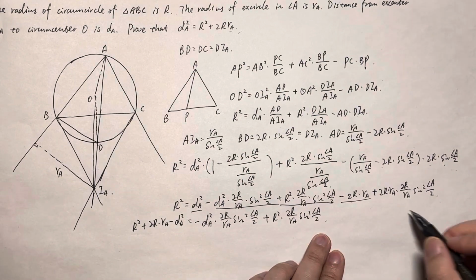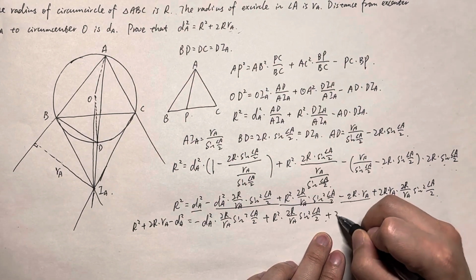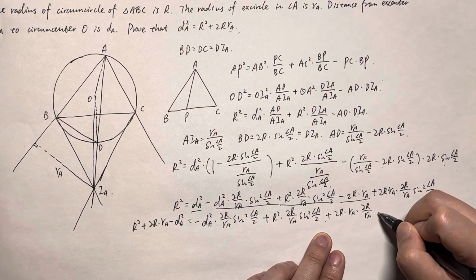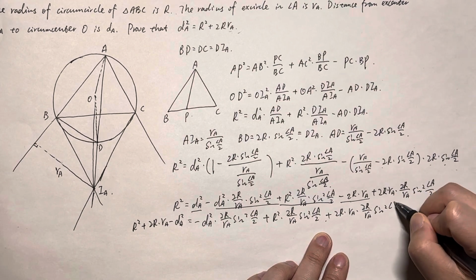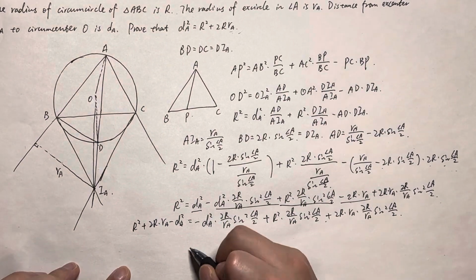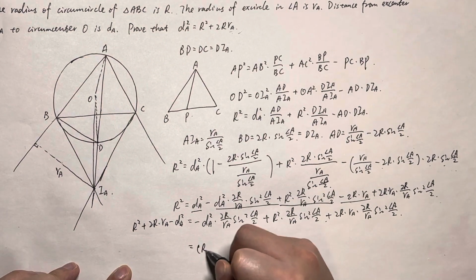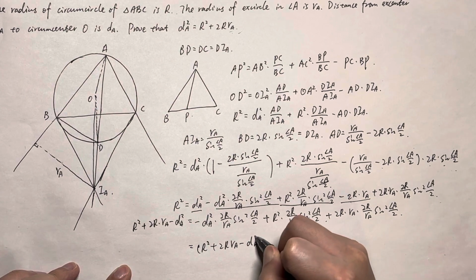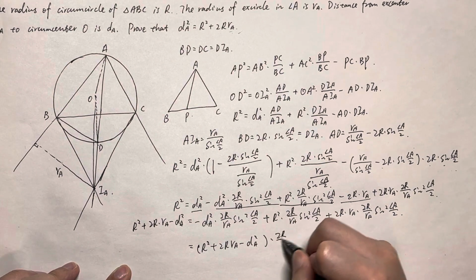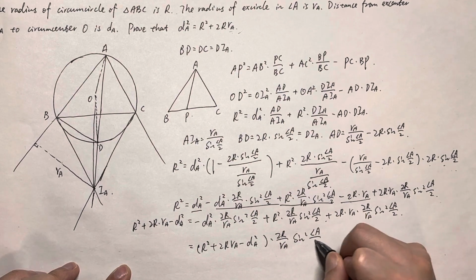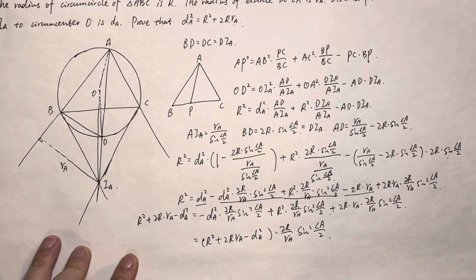This term is done. And for this one, we have 2R sine squared of A by 2. Then it's clear that R squared plus 2R RA minus dA squared equals the factor times 2R sine squared of A by 2.